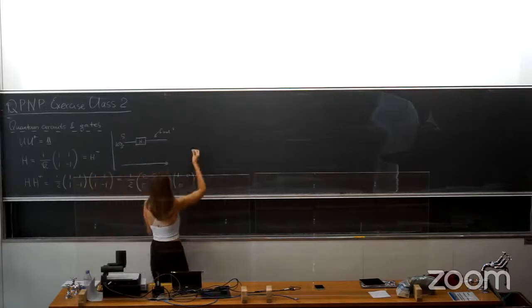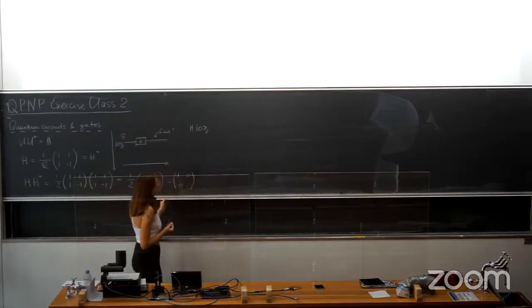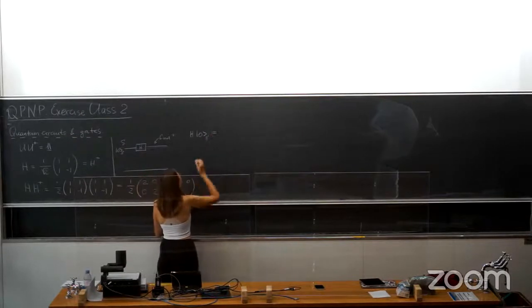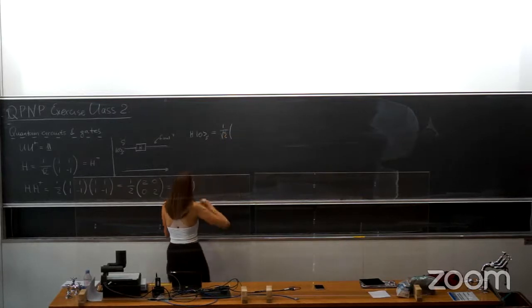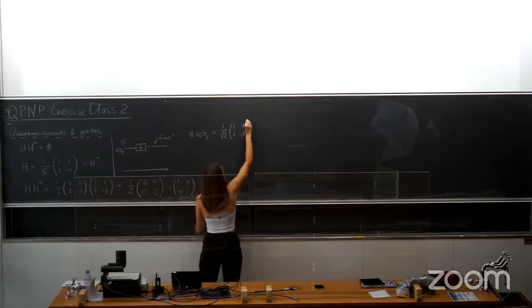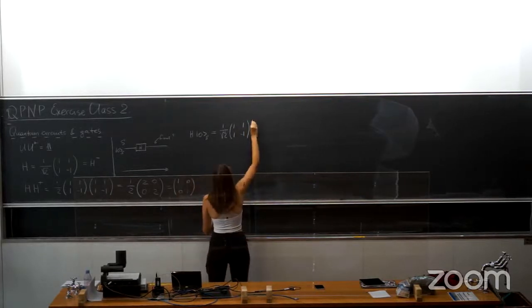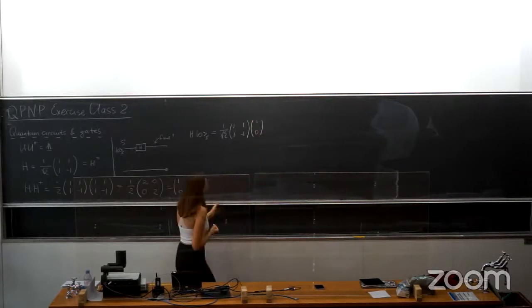For this, we just write out how this evolution H acts on the system in the state 0. This would be in a matrix form. We can write it as following. So this is the Hadamard, and then we act on a qubit in the state 0.